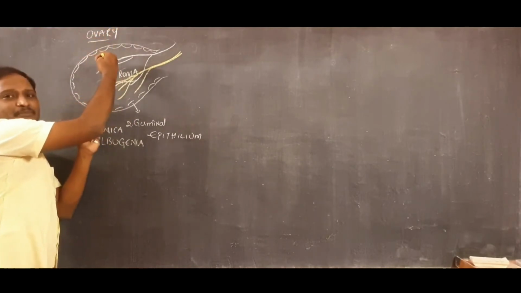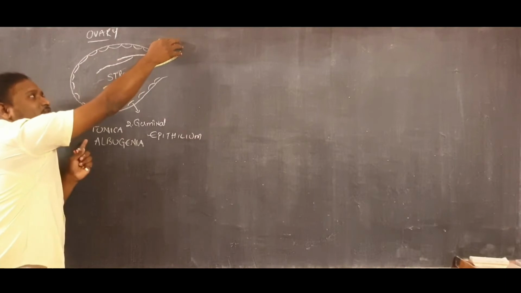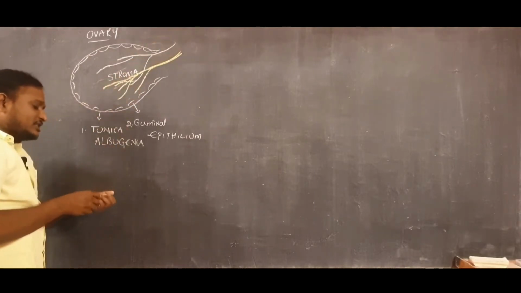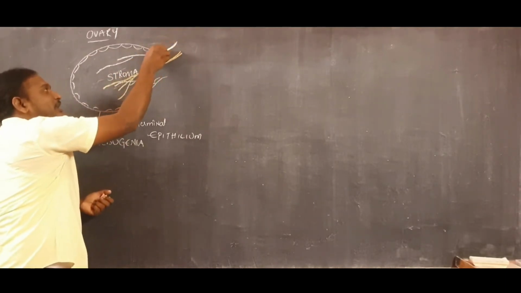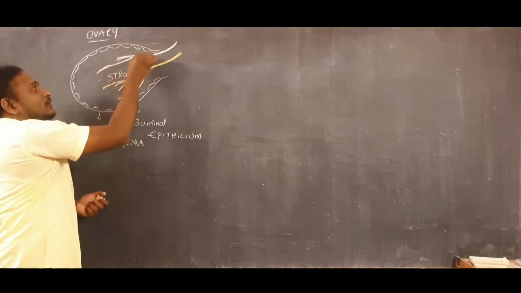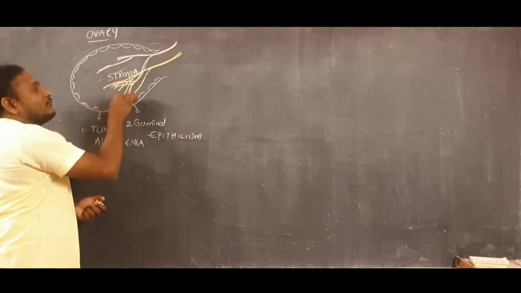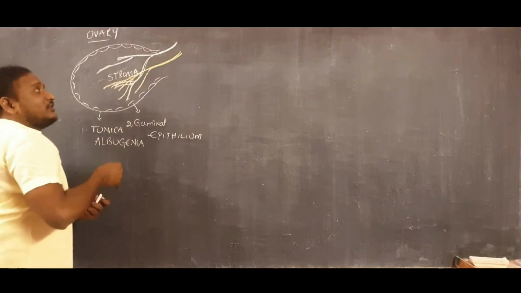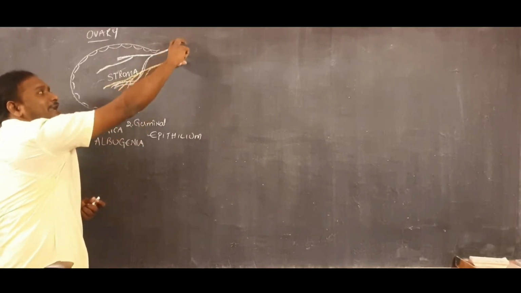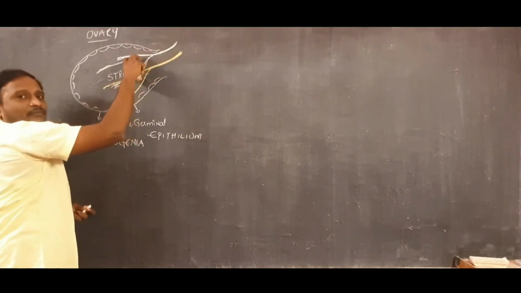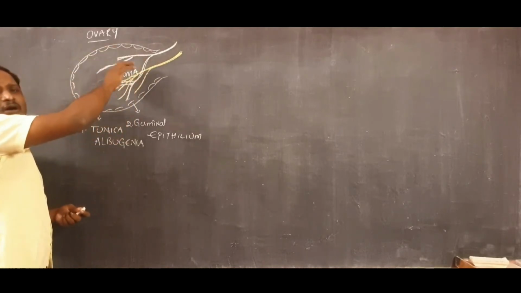Through that layer, blood vessels enter. The blood vessels and lymphatic vessels all enter the ovary and cover all the stroma area.